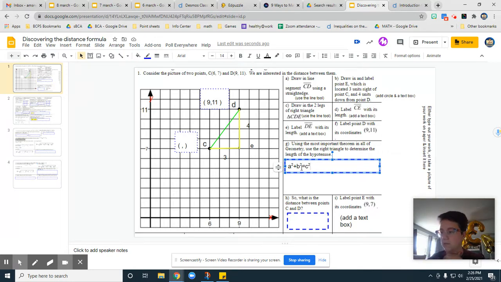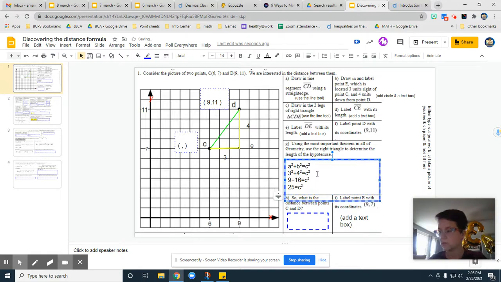So we've got A, which we'll call the bottom one, CE. We'll call that 3. And B is 4. So then that's 9 plus 16 equals C squared. 25 equals C squared.